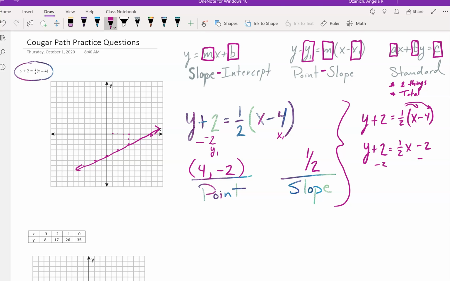If we subtract 2 from both sides, and I was going a little fast there, so if you need to slow it down, go ahead and do that, we get y equals 1/2 x minus 4. Well, let's see if that minus 4 y-intercept works out. Here's my y-axis, here's my x-axis. 1, 2, 3, negative 4. There it is. And it all worked out very nicely. So good job on that one.